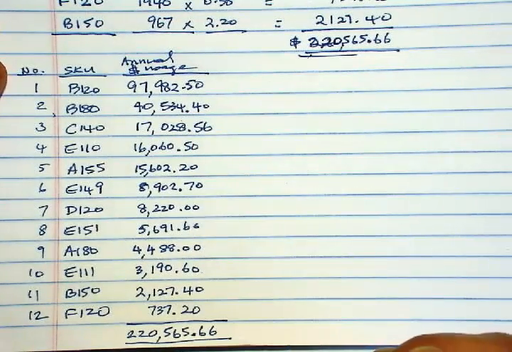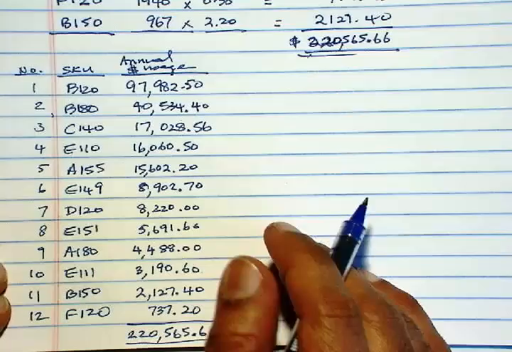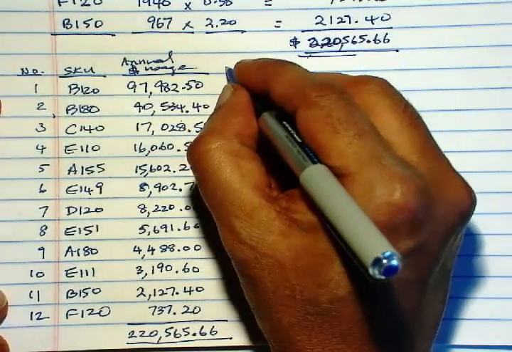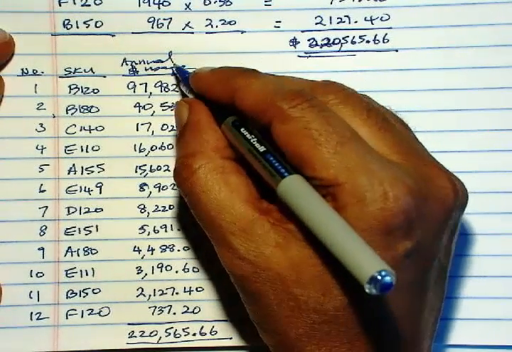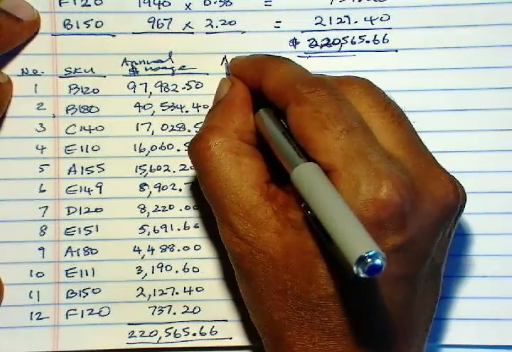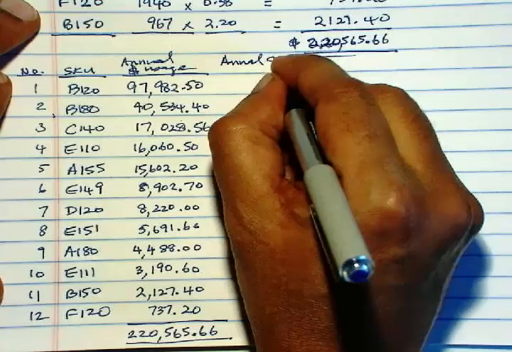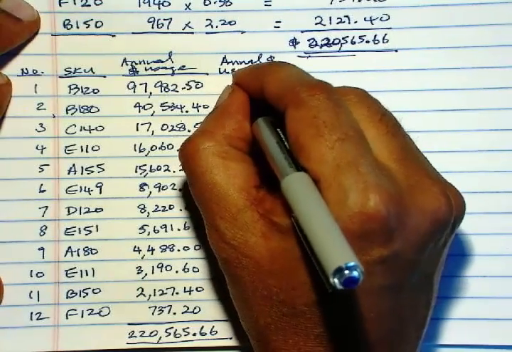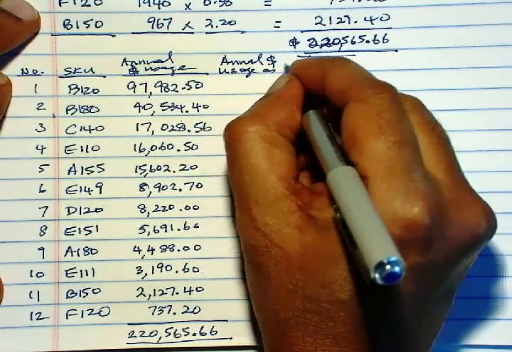order. Okay. The next step is to find annual dollar usage as a percentage of the total.